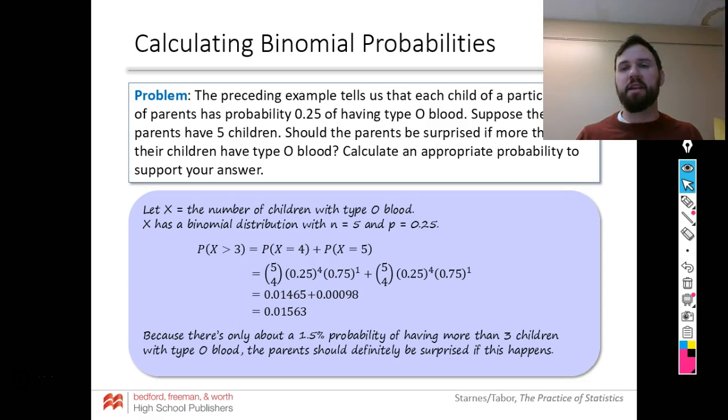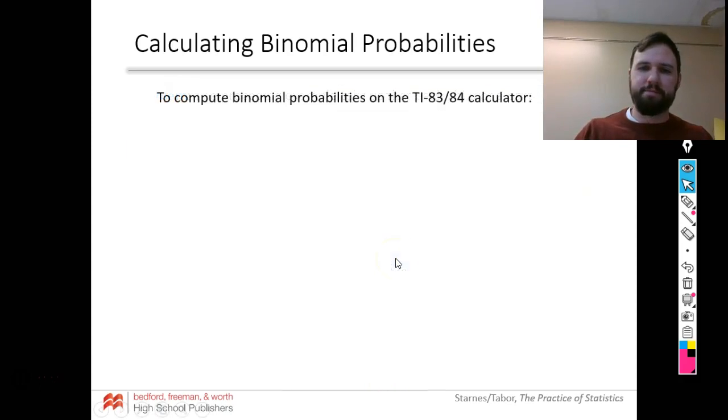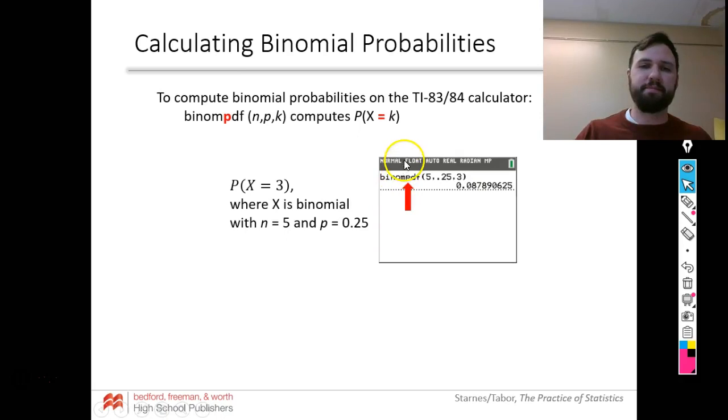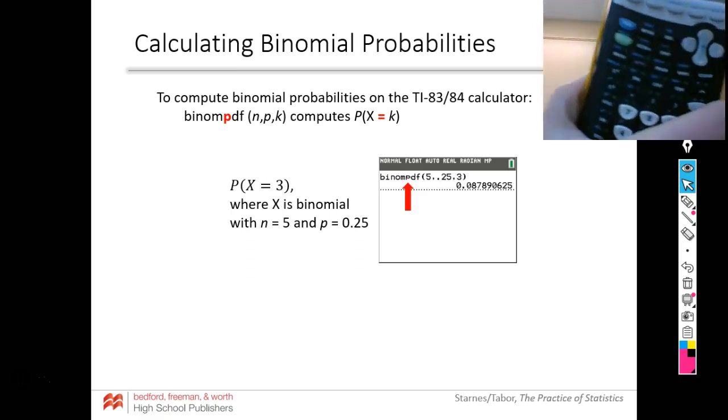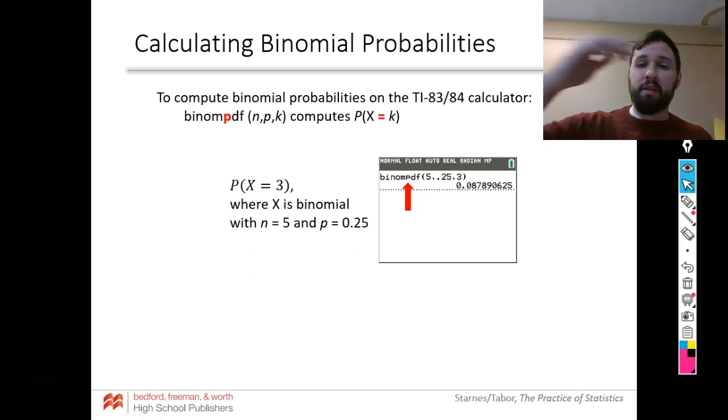Alright, let's learn how to do this on a calculator. I'll show you guys this in class as well. So, instead of doing it longhand, I could have done this. I go to my distribution, second bars. In this one, I'm plugging in n, p, k.